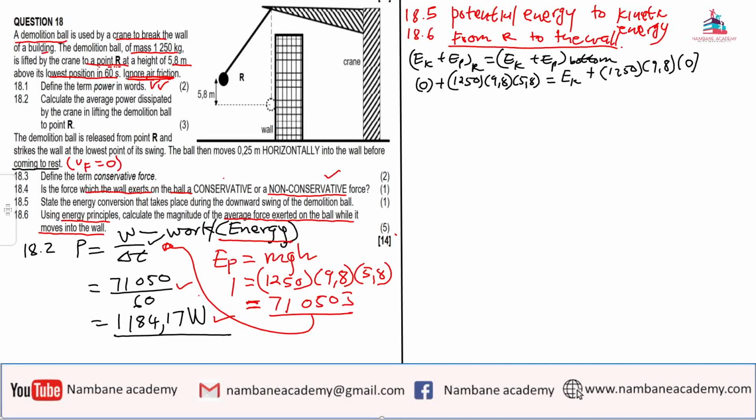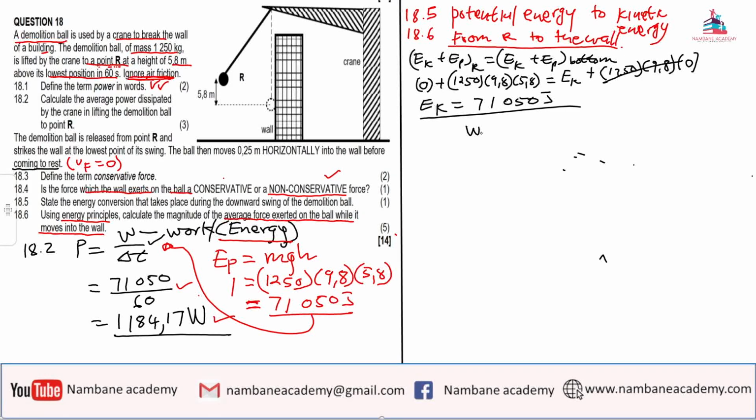So after doing all the manipulation, this 0 cancels 0, and then you are basically left with EK that is also equals to 71050 joules.